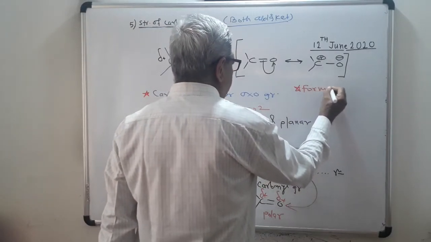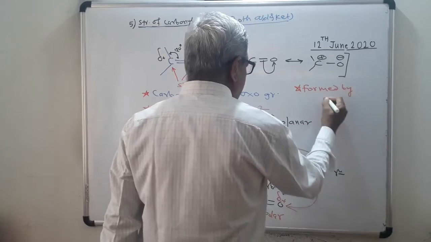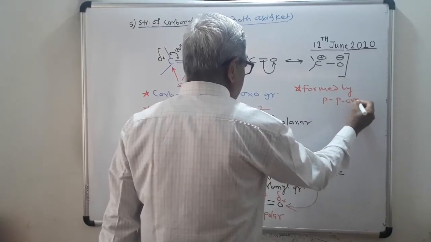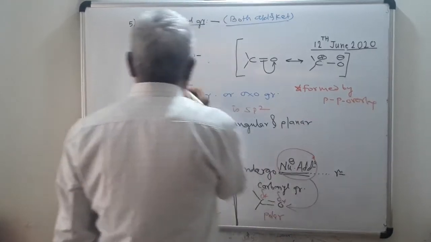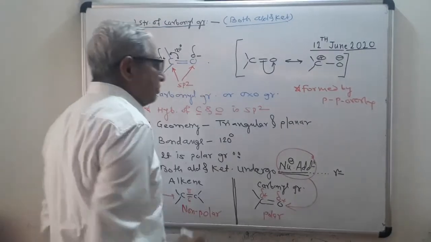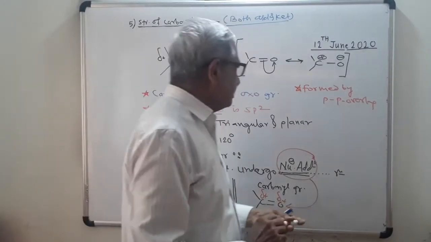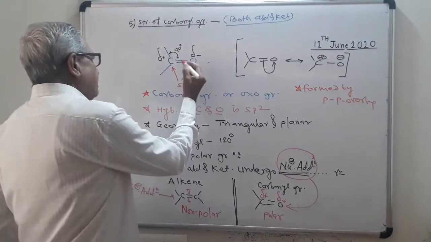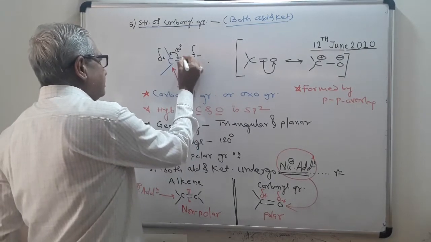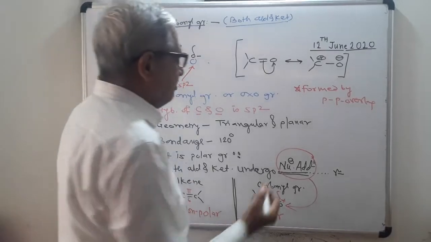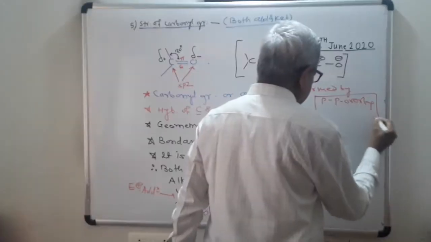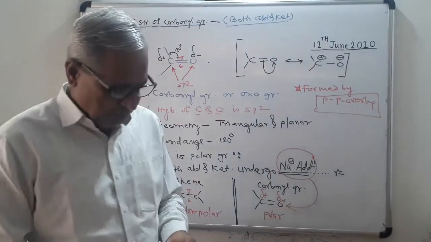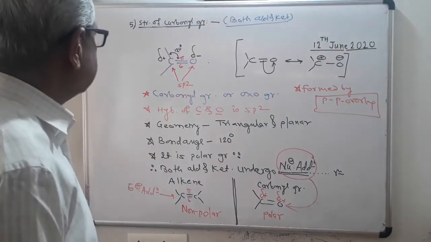It is formed by pp overlap, that is the p orbital of the carbon atom and the p orbital of the oxygen atom. The pi bond in the alkene is also formed by pp overlap. This is a sigma bond, this is a pi bond. The pi bond is formed by pp overlap, that is the p orbital of carbon and the p orbital of oxygen.